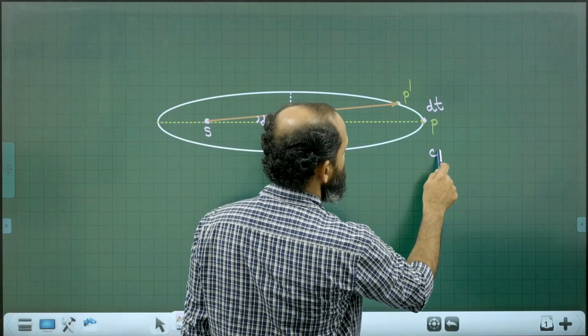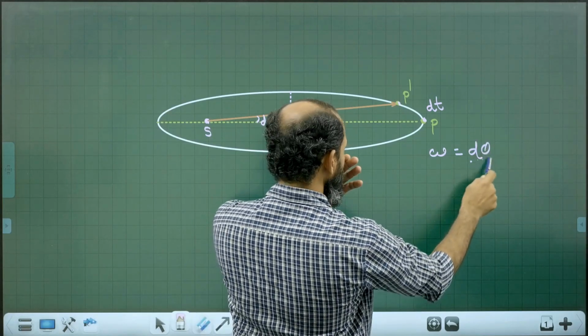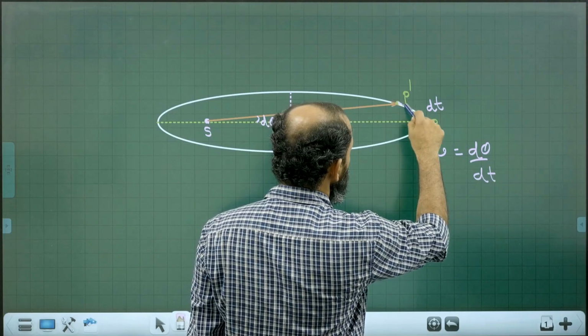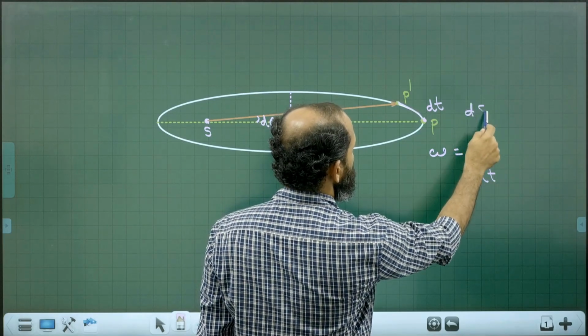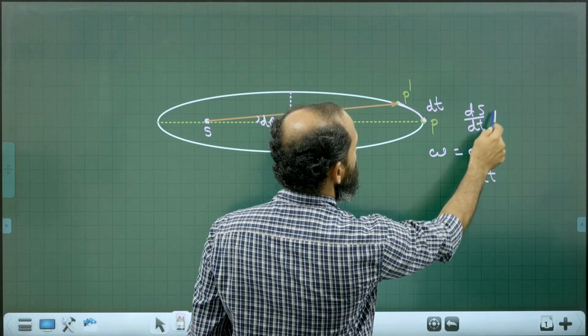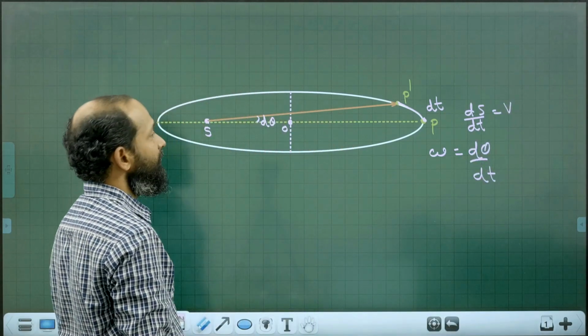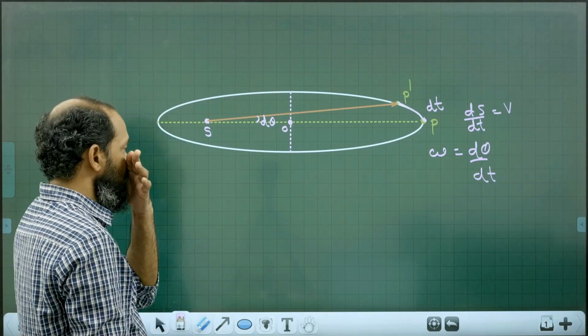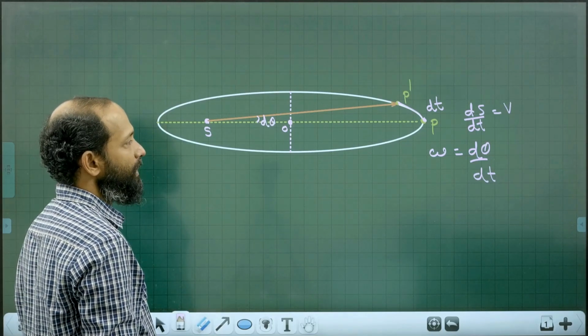The angular speed omega is equal to d theta divided by dt. The distance travelled by the planet is ds. ds by dt is the speed of the planet, the instantaneous speed over that small time interval.